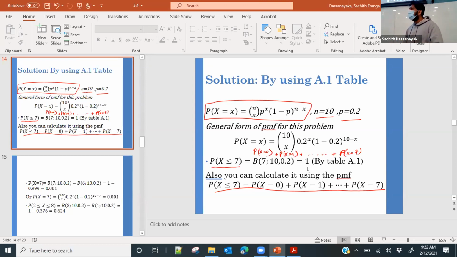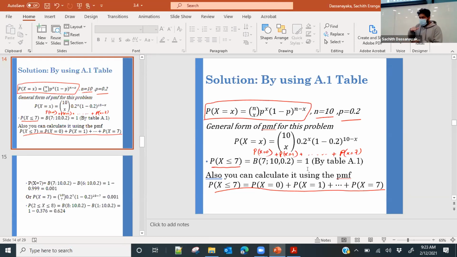Let me explain, probability of X greater than 7. If you consider the CDF, please don't confuse these values. It's definitely probability value 1. Once you consider the CDF, 0, 1, 2, 3 up to 10, remember that CDF jumps, jumps, jumps.